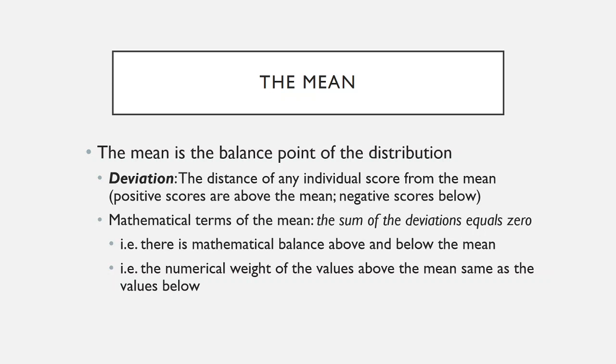This is inherently and theoretically true about the mean, and this is what we mean by there being numerical balance around the mean. The sum of the weight of the scores above the mean is symmetrical to the sum of the weight below, and as such, the sum of the deviations will always equal 0.